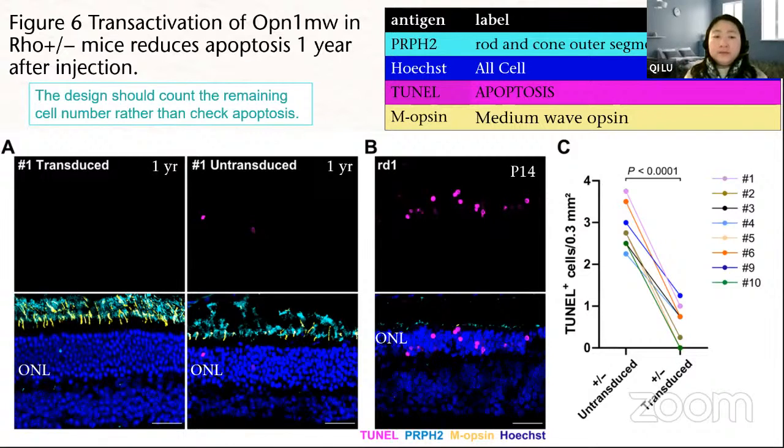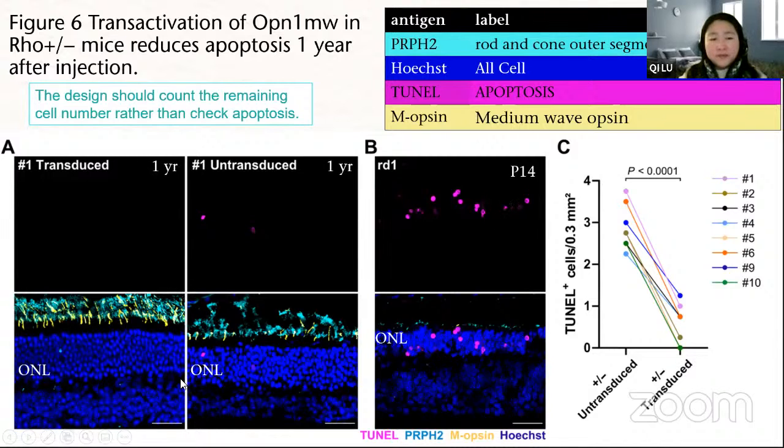But I still have a little critique here, because this is a 1 year old animal. I think that is already quite long, while RD1 is a very young animal, just 14 days old.